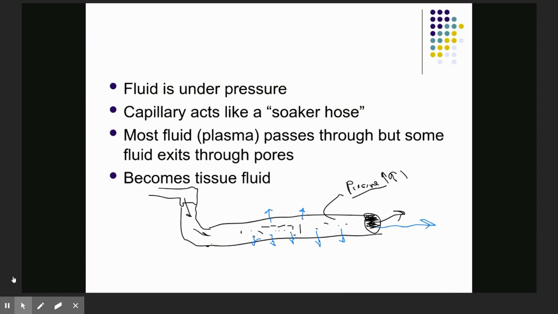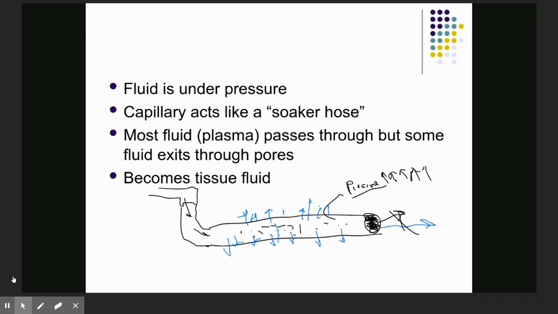And so with more pressure, more of the fluid is going to come out these little holes. More water is going to drain out through this. And if I plug it up completely, so that there's no way for water to get out this way, the pressure in here is going to be very high, and the water is going to be forced out like crazy.